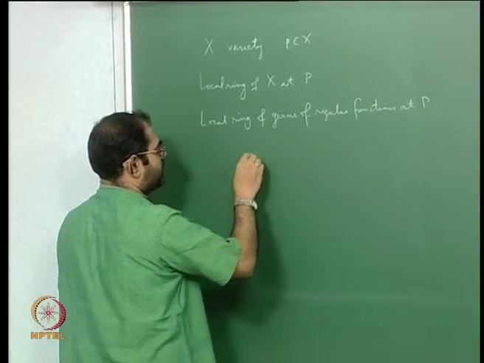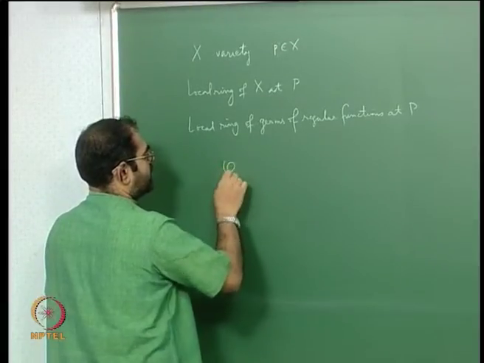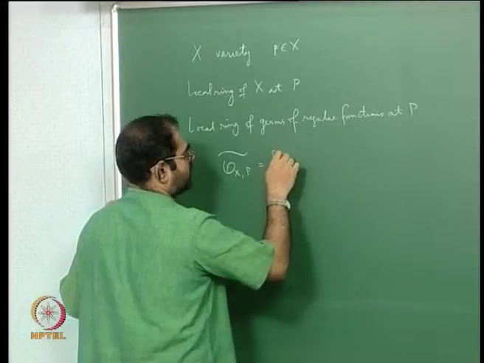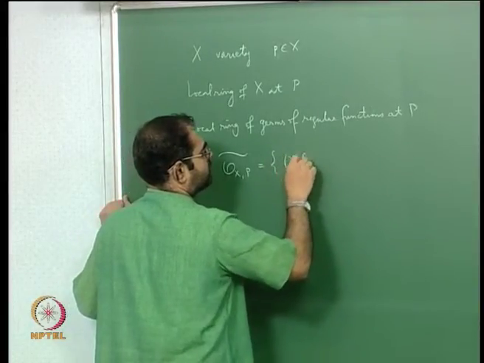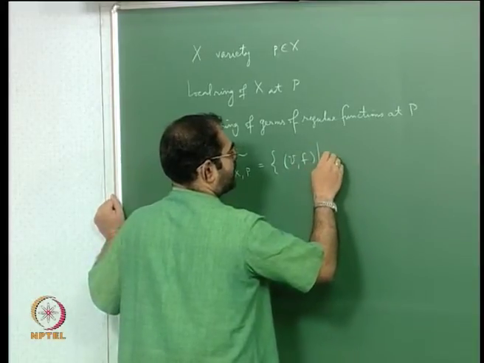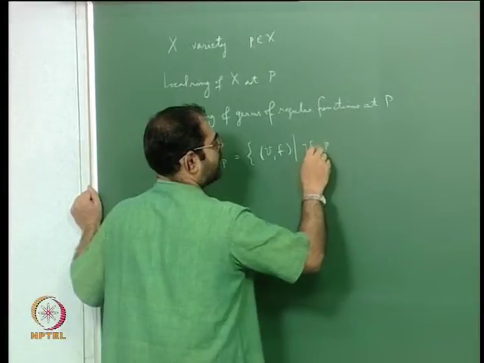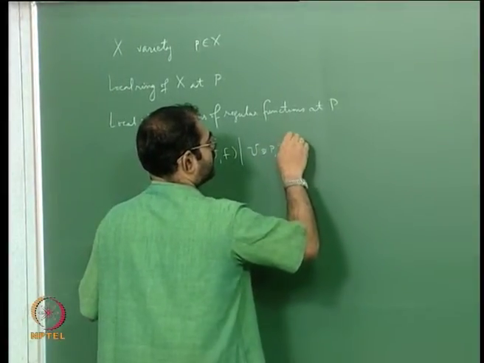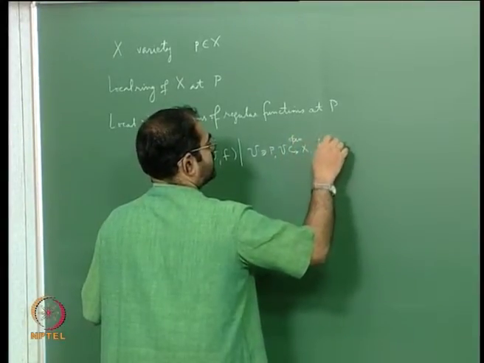We took O_X,P tilde to be the set of all pairs of the form (U, F), such that U contains P, U is an open subset of X, and F is a regular function on U.